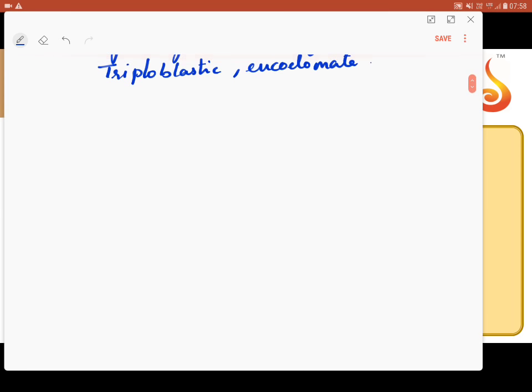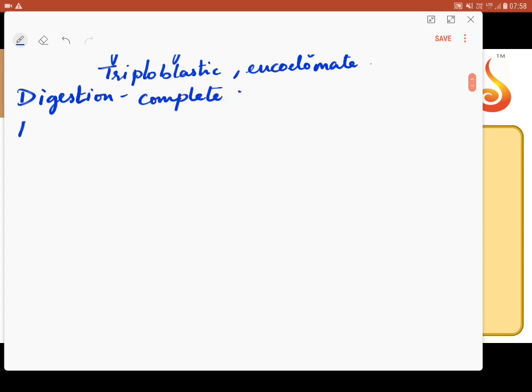Then we come to digestion, which is complete. Respiration: pulmonary respiration seen with the help of lungs.